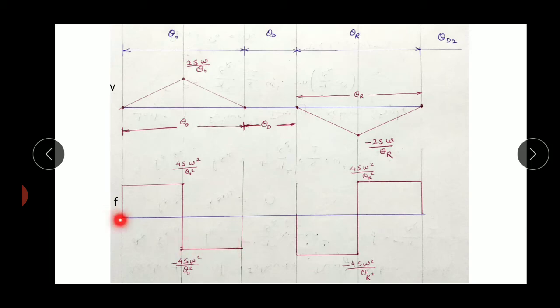So from the start we get constant acceleration from 0 to half of outstroke, and during the second half we get constant retardation. Similarly, in the first half of the return stroke, we get constant retardation. As it is constant, we represent it by a straight horizontal line, and then there is constant acceleration, which we also represent by a straight horizontal line, and it is positive.